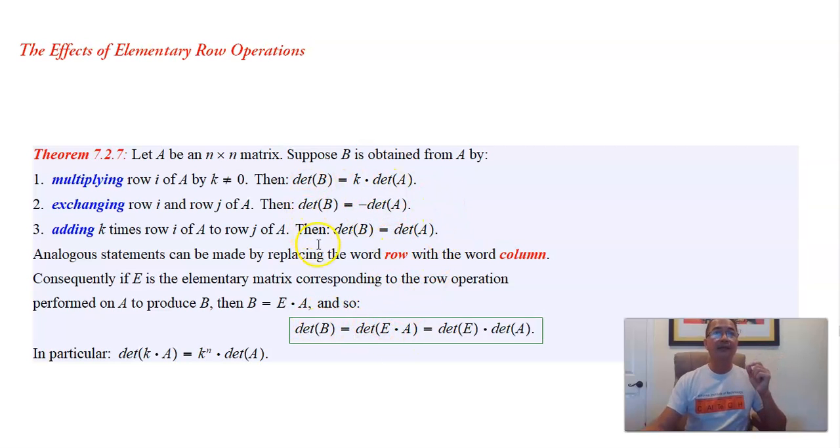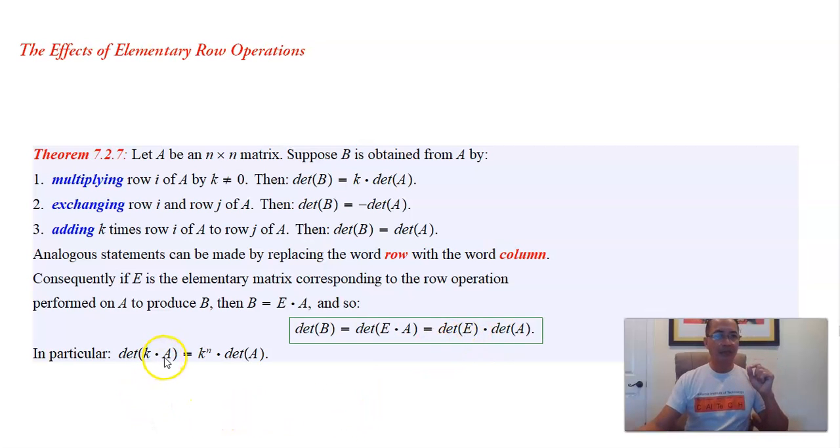So what these three parts are telling us is that if B is an elementary matrix times A, then the determinant of B is the determinant of E times A, because B is E times A. But this next step is now the best part. We can rewrite this as the determinant of E times the determinant of A, right? So in the next video, we will be generalizing this to any two matrices.